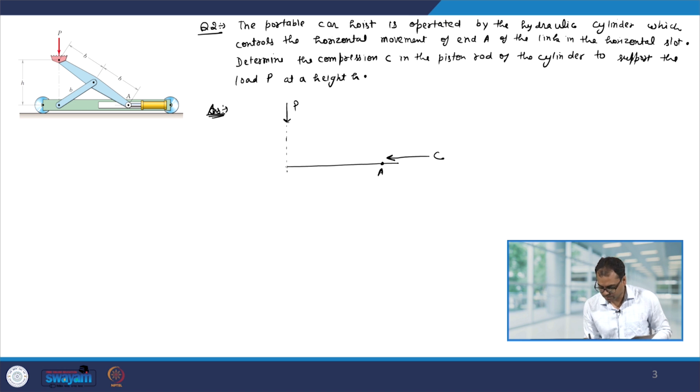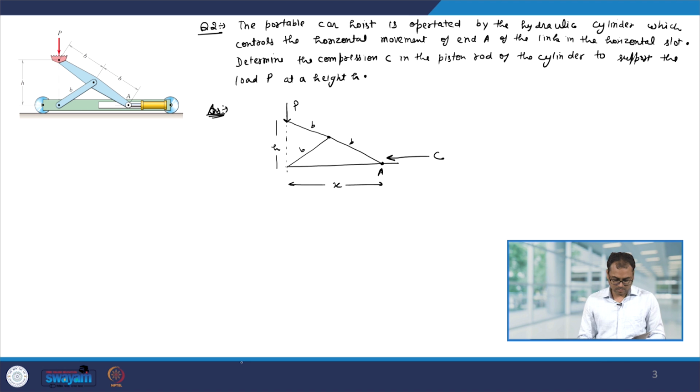For example, this is B, this is B, and this is also B. This height is h. Let us say this distance is x.